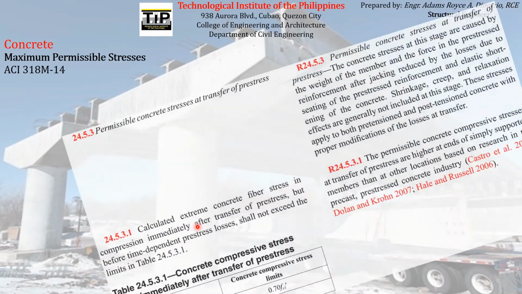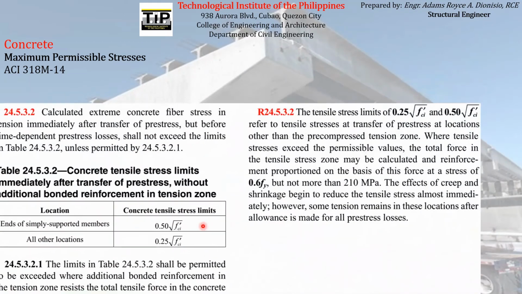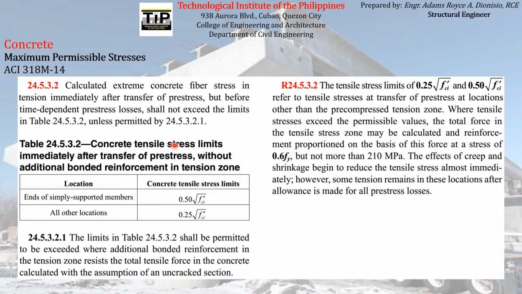For example, at the transfer stage of pre-stress, the code specifies a limitation on the maximum compressive stress that the concrete can experience, which is this. And it also specifies a maximum tensile stress that the concrete can experience at transfer stage.